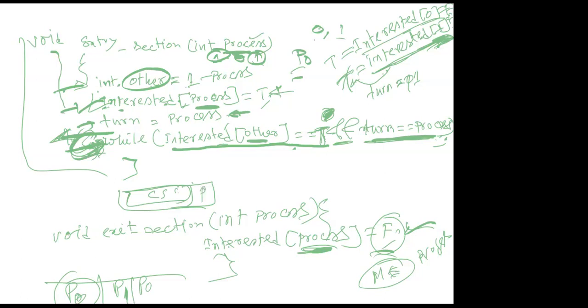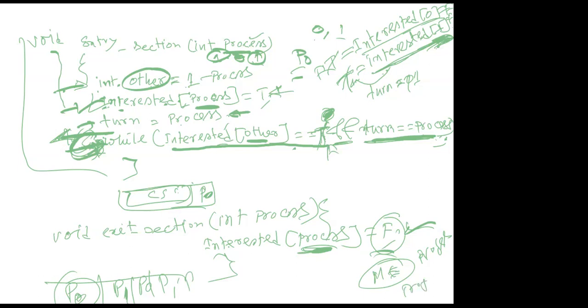So process P0 can enter the critical section, completes it, and makes its interested flag F. Again process P1 is scheduled. Now it sees that the other's flag is F, so process P1 can enter the critical section. So it doesn't wait for an indefinite amount of time, and progress is satisfied in this situation.